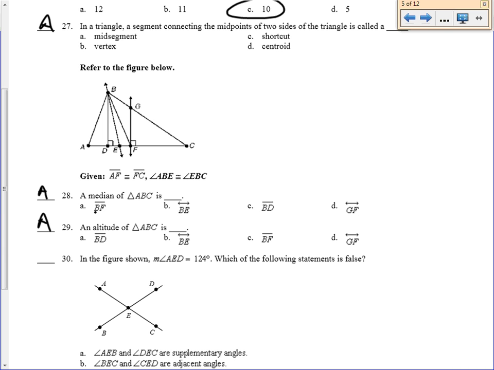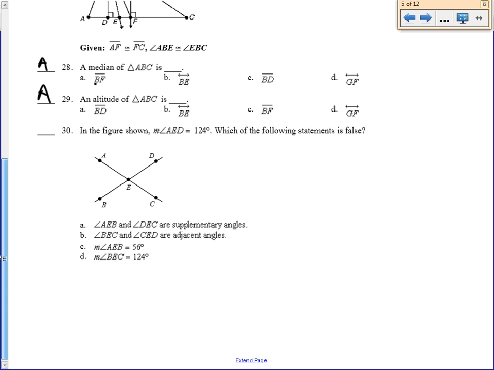And in the figure below, which of the following statements is false? AEB and DEC are supplementary angles. What does supplementary mean? 180. Adjacent is they have a side that's in common. So BEC and CED are adjacent angles. That's true. AEB is 56.